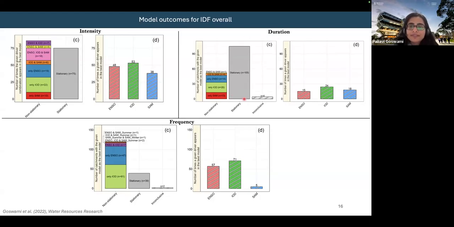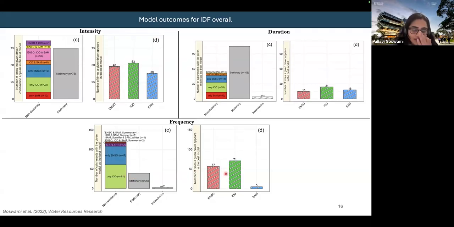For duration, we found that mostly duration is stationary. So the hydrological droughts duration have not changed a lot, and they don't change with respect to climate drivers. So let's say if there's a dry phase of ENSO, it's less likely to influence the duration of drought that we see. For frequency, like I said, the results were really interesting because there were more non-stationary models compared to stationary models.